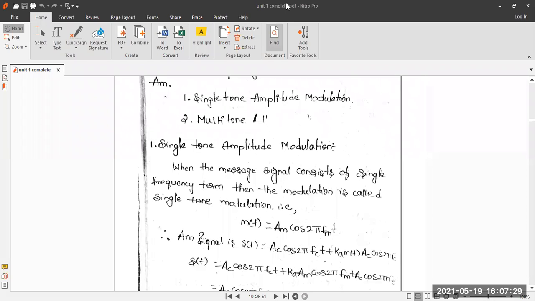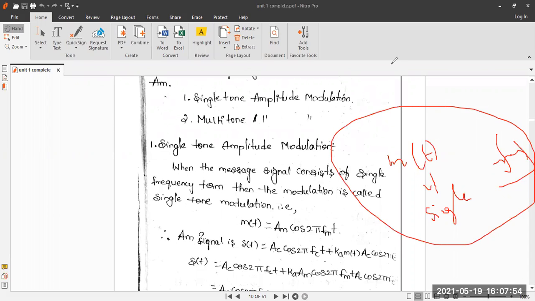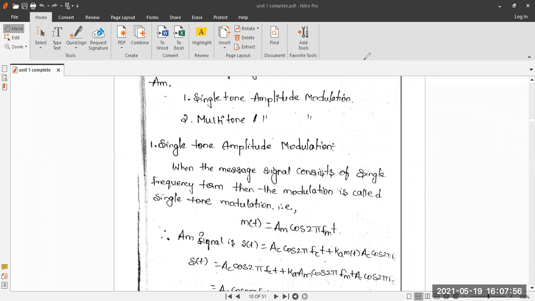Single tone AM means whenever our message signal m of t consists of a single frequency, then it is called a single tone signal.